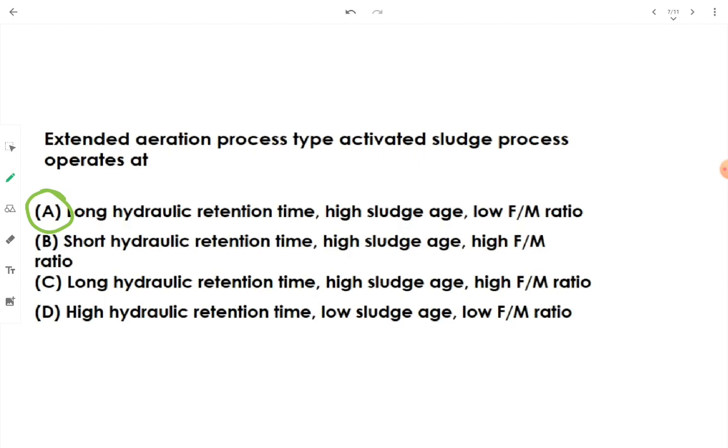It can also sustain shock loading, meaning it can treat the fluctuating wastewater acting as its influent. The sludge yield, the sludge production, in extended aeration type ASP is very low.